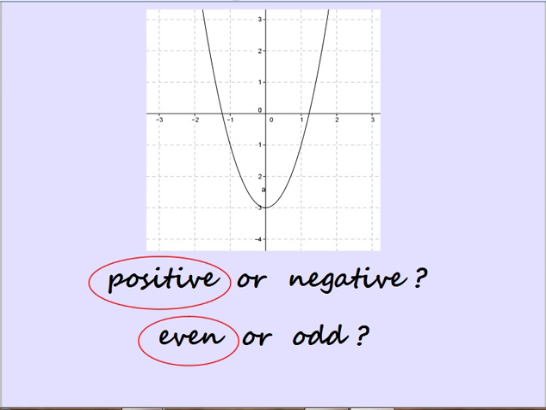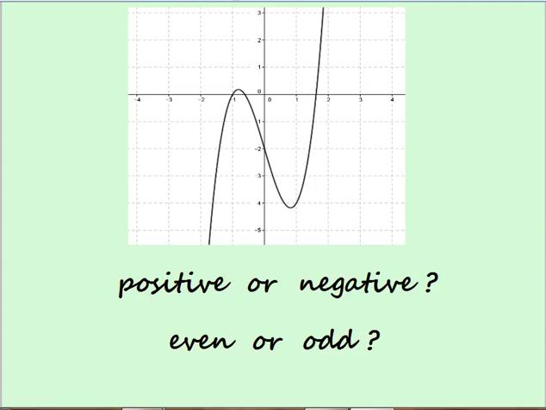From our examples before, this should have a positive leading coefficient and an even degree. How about this one? Positive or negative, even or odd? This one would have a positive leading coefficient and an odd degree.